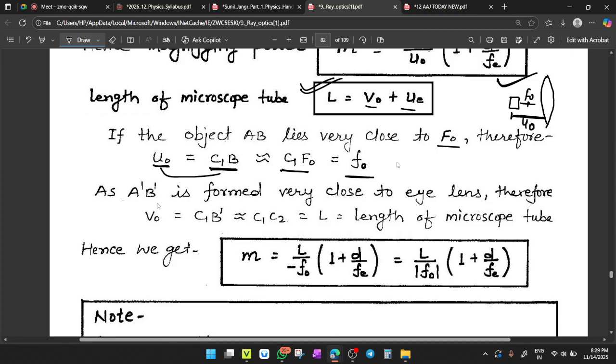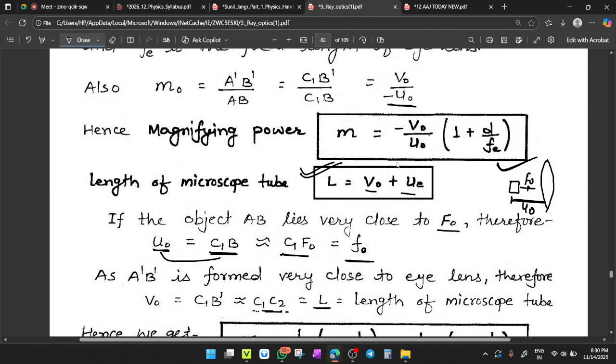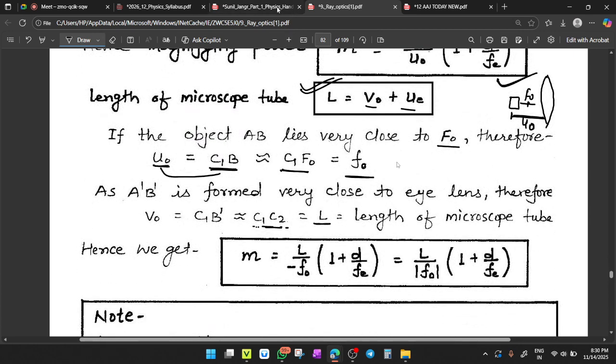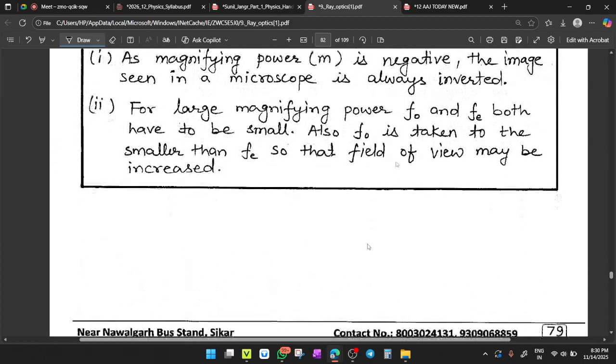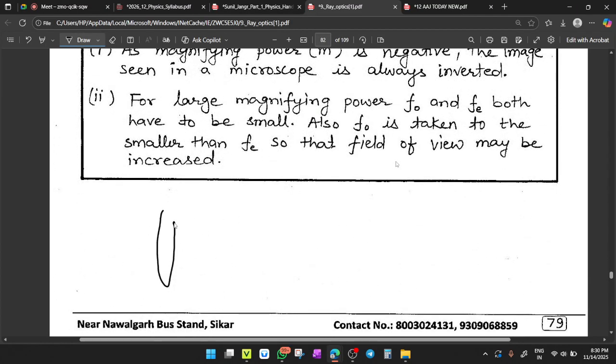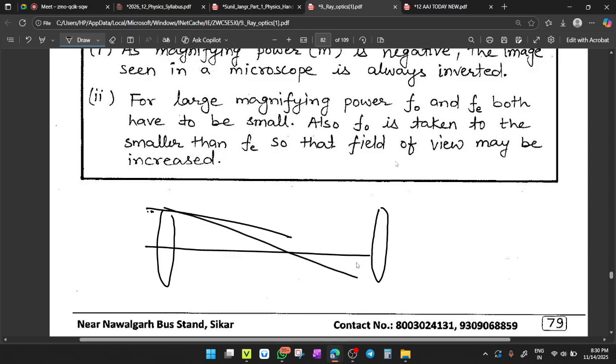As A dash B dash is formed very close to the eye lens, VO equals C1 B dash, that is equal to C1 C2, which is equal to L. Now check from the diagram. This is your eyepiece. Consider the image made by the first lens, which is very close to your eye lens.